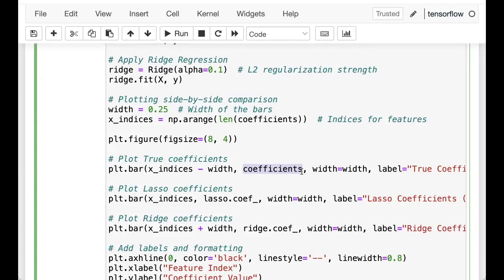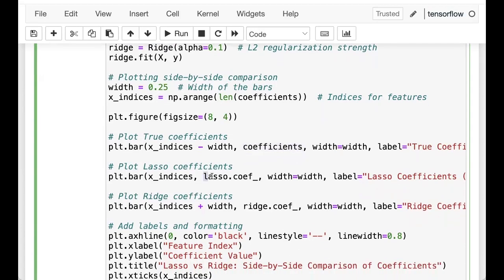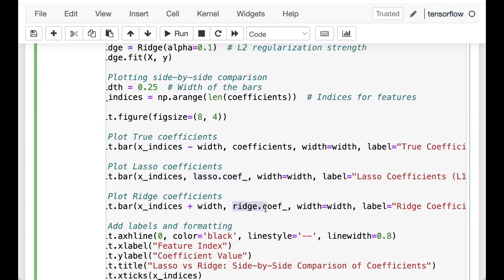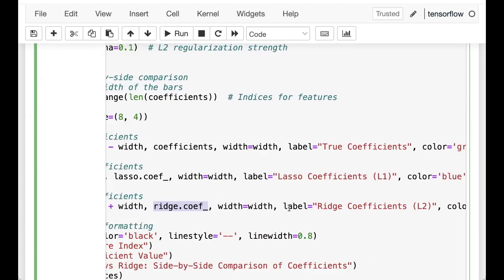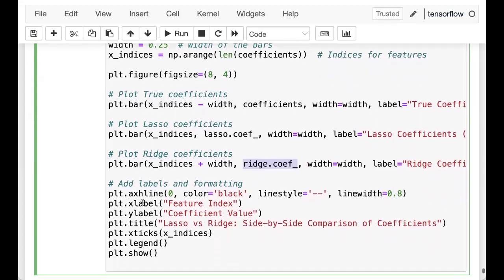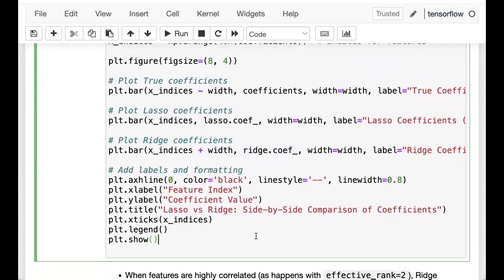So this is something we usually don't know, but now we know because we created synthetic data. We look at the coefficients of the Lasso or L1, and then we look at the coefficients of the Ridge or L2. And we use bar plots to actually put all these coefficients next to each other and see which model performs better.